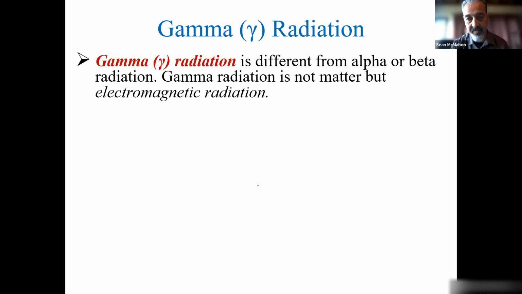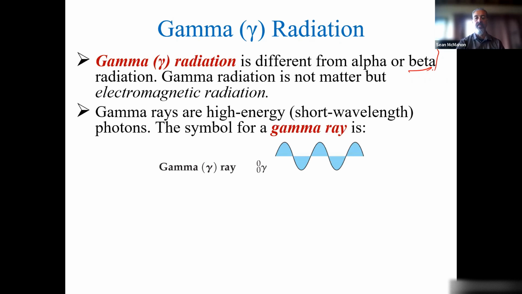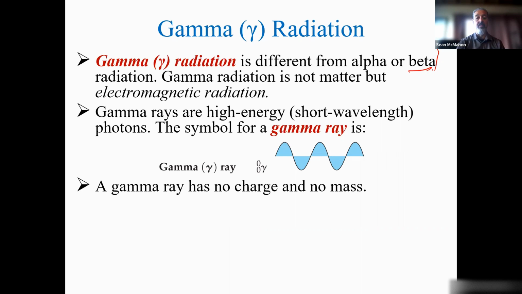Gamma radiation is different from the alpha and the beta, and really when I say beta, I'm including the positron because it's a similar size, just different charge. But with gamma radiation, there is actually no matter. It's just electromagnetic radiation, right? So it has an extremely short wavelength, but it has no charge. It has no mass.